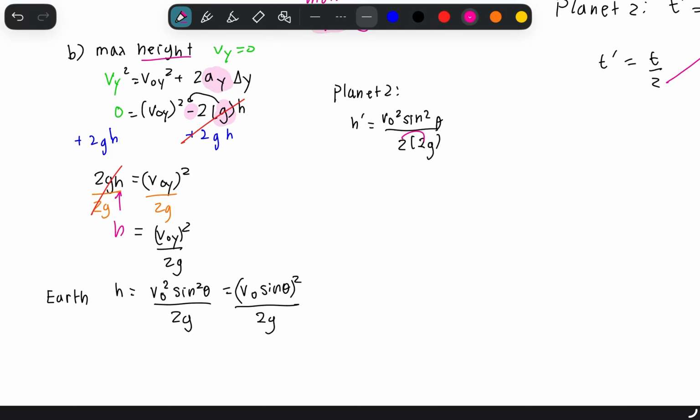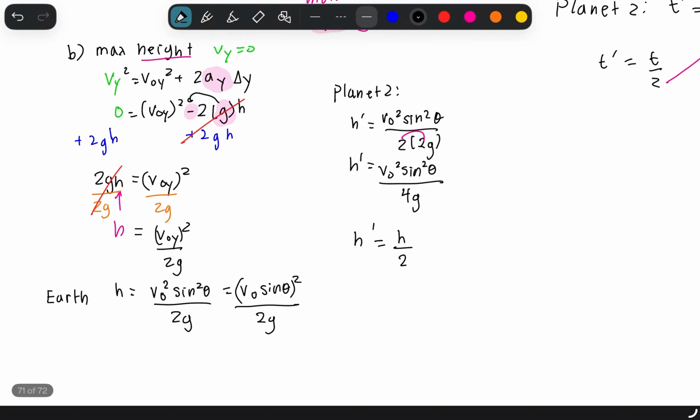You can multiply that 2 and write the simplified form: V initial squared sine squared theta divided by 4g. Therefore, if you take the ratio of those two, h prime is equal to h divided by 2. Everything is the same, except you would just be dividing by 2 your entire result of h from planet Earth compared to planet 2.